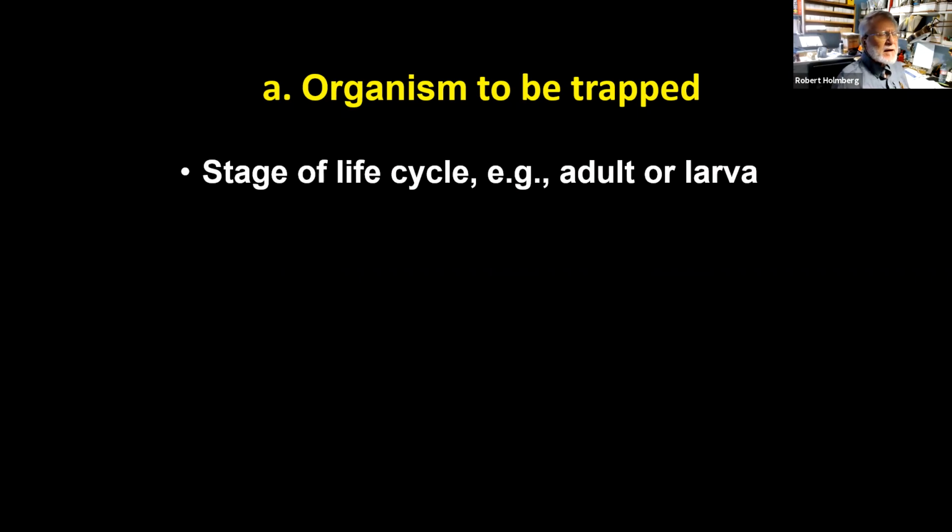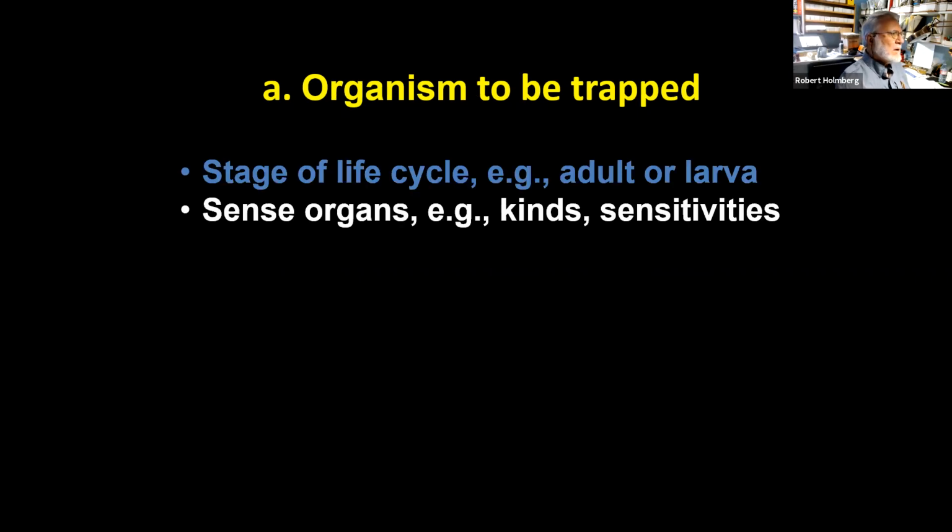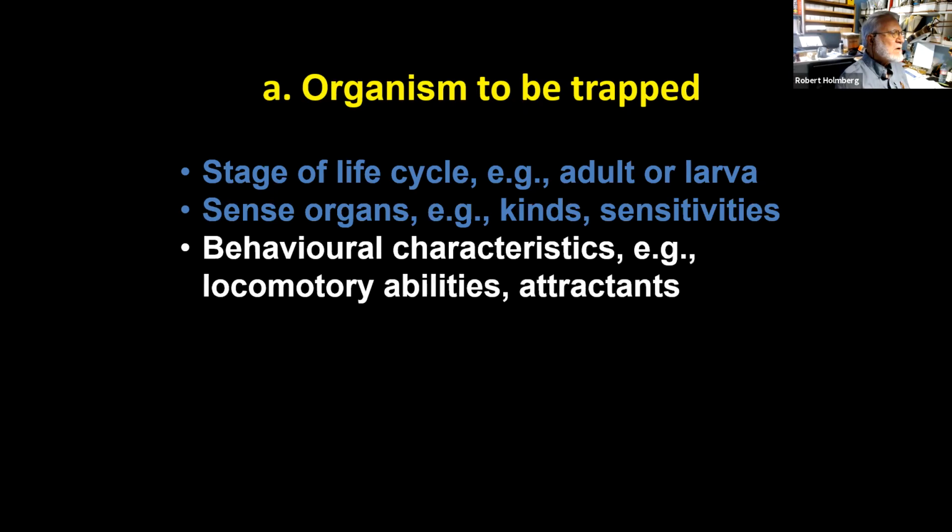If you're looking for dragonflies, the adults are terrestrial and aerial, while the larvae are crawling and in the water. And the sense organs that they have, the different kinds and the sensitivities of these sense organs, and various behavioral characteristics. How do they locomote? What attractants will bring them in, and whatnot.